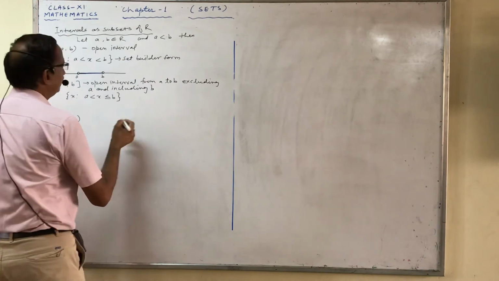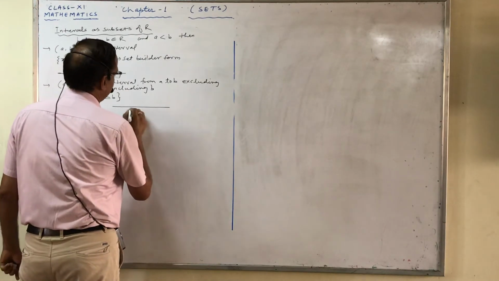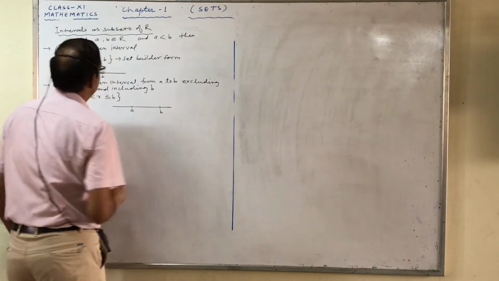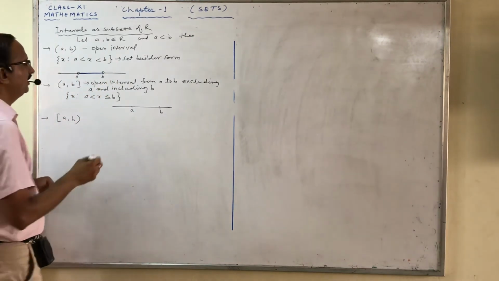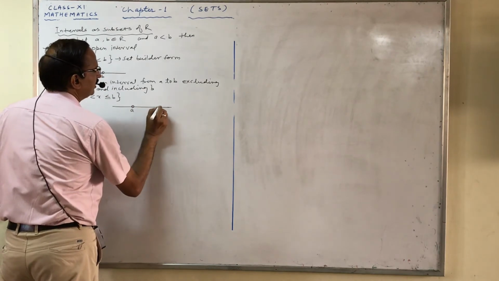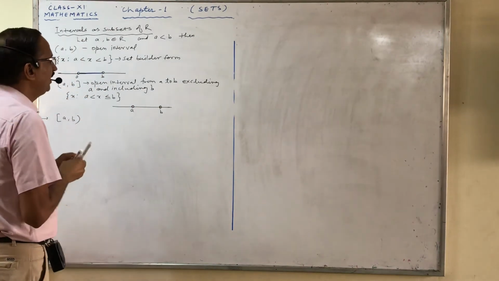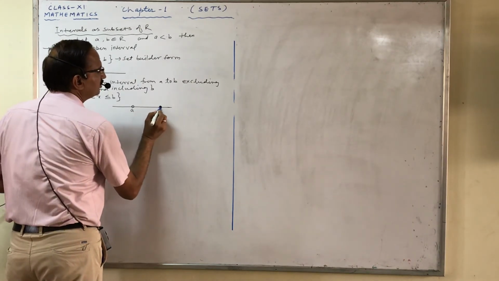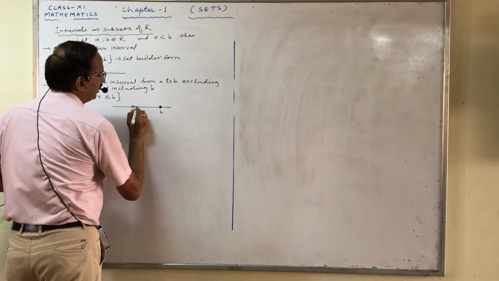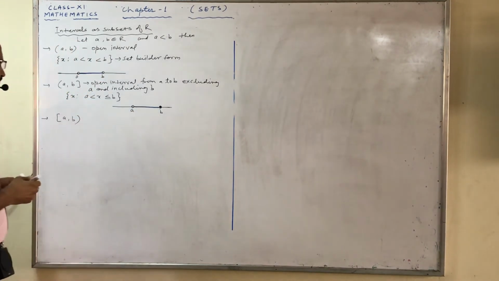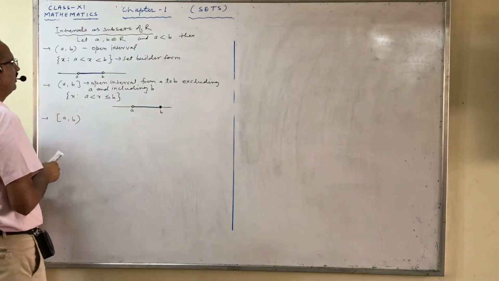On number line, we can write this is A, this is B, B is included, A is excluded. Mark these. Now since B is included, so we will dark this portion also and the points in between A and B.